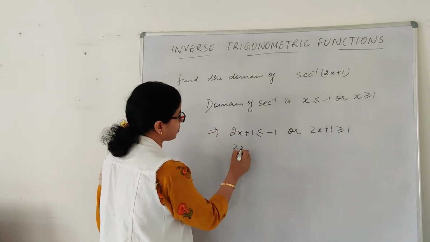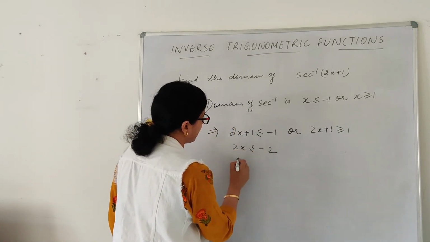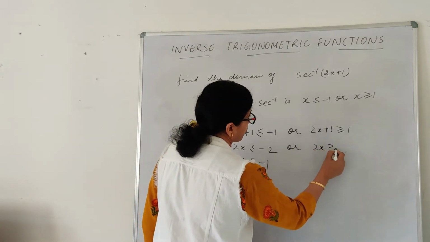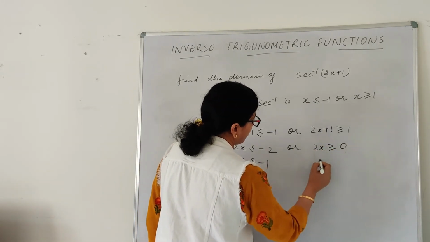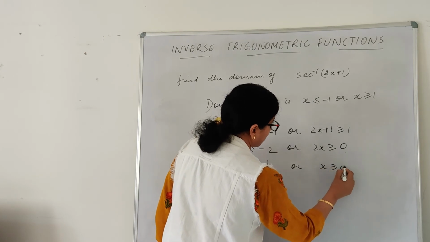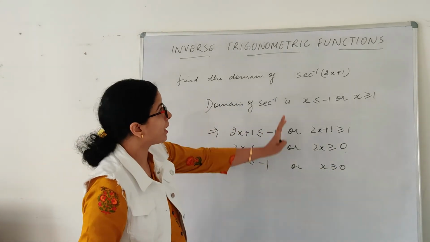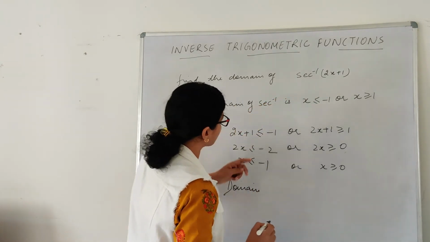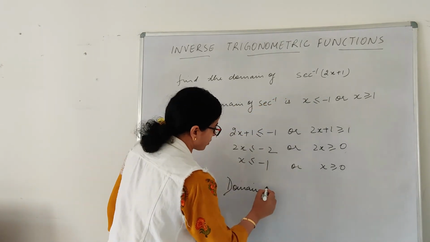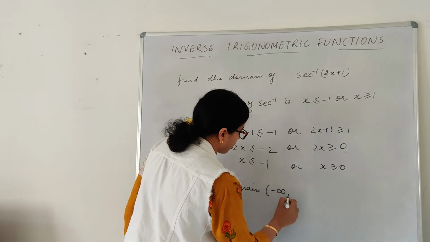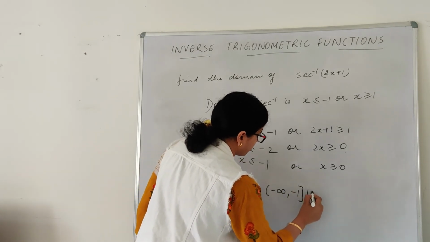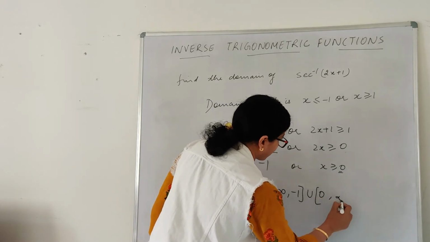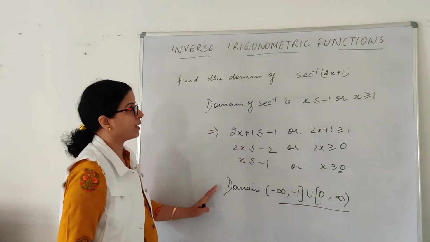So I get 2x less than or equal to minus 2, x less than or equal to minus 1, or 2x greater than or equal to 1 minus 1 which is 0, so x greater than or equal to 0. Now I will combine these, so the domain is minus infinity comma minus 1 union 0 comma infinity.